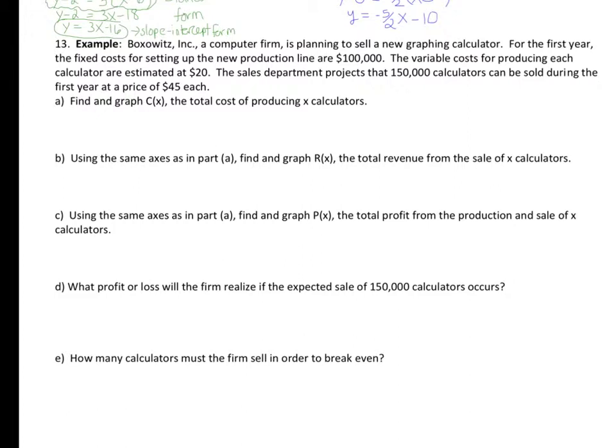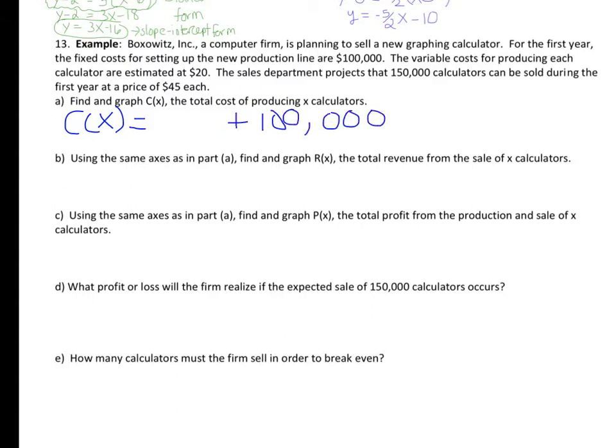Okay, so our C of X is our total cost of producing. Now, they have fixed costs of $100,000. That's before they even produce. They don't produce anything, they're still going to have to pay $100,000. So that $100,000 is your Y-intercept.